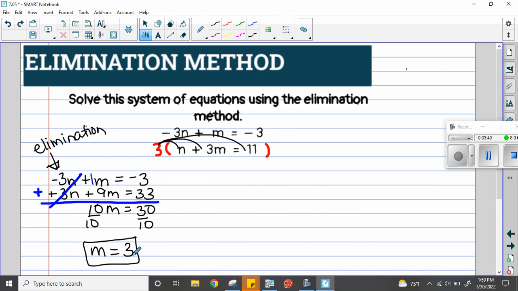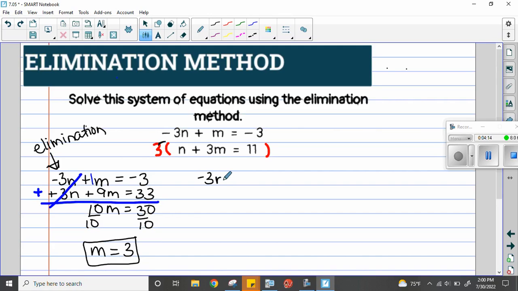Now what we're going to do is take this value of m and substitute it into one of our original equations. It doesn't matter which one, but it has to be one of the original equations that was given to you in the problem. Let's take the first equation.